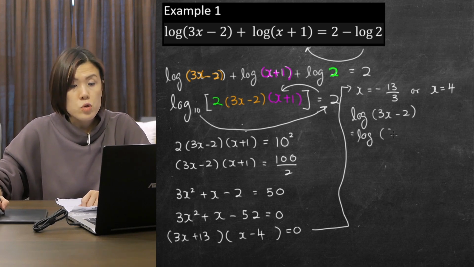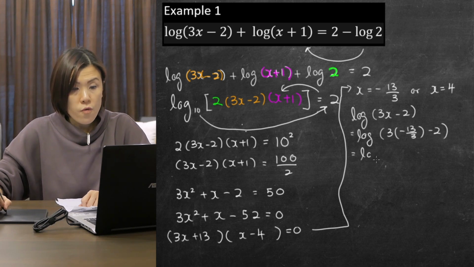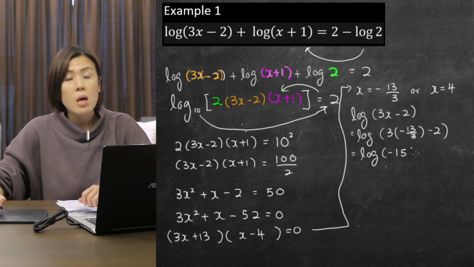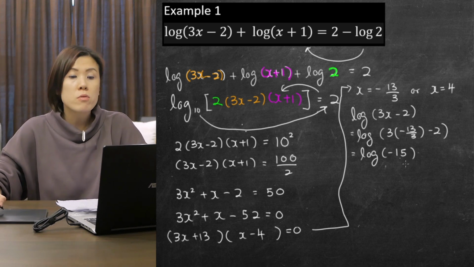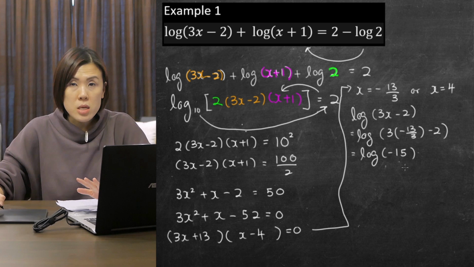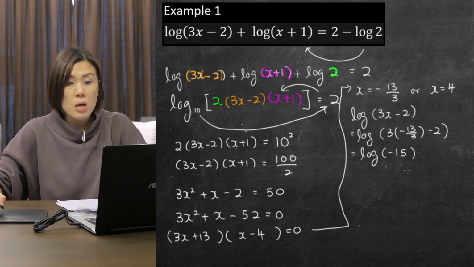Then we will have 3 times negative 13 over 3 minus 2. And if you find the value in the bracket, we have negative 15. As I told you guys earlier, logarithm of a negative value is undefined. So in this situation, x equals negative 13 over 3 is not a solution.